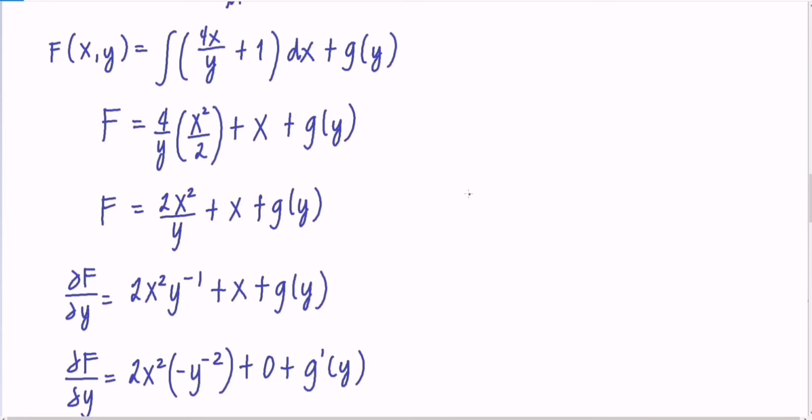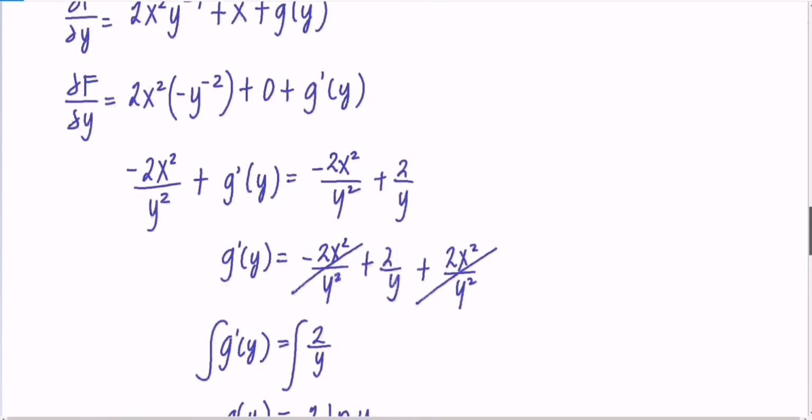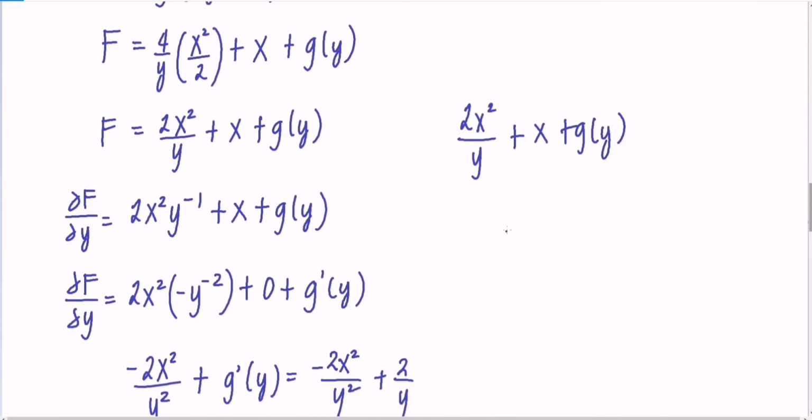So, ito yung f natin: 2x squared over y plus x plus g of y. Yung ating g of y, papalitan lang natin nung nakuha nating answer, which is 2 ln y. So, our final answer is 2x squared over y plus x plus 2 ln y is equal to c. Okay? So, the final answer is this one.